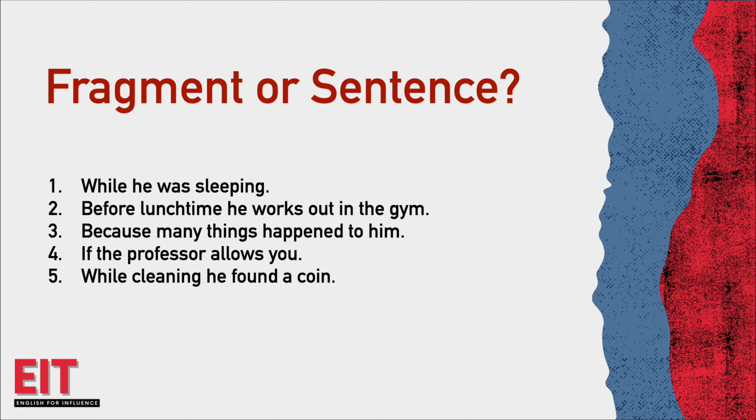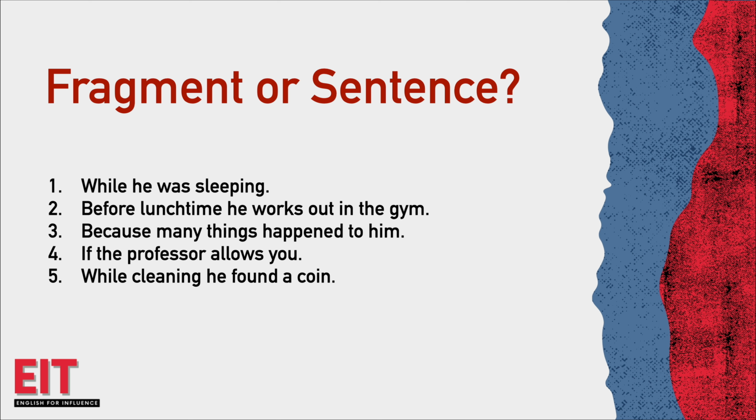Okay, let's check your sentences. Again, what are the 3 things a complete sentence must have? That's right, a subject, a verb, and a complete thought. Let's start with sentence 1. While he was sleeping. Does it have a subject? Yes, he. Does it have a verb? Yes, was sleeping.